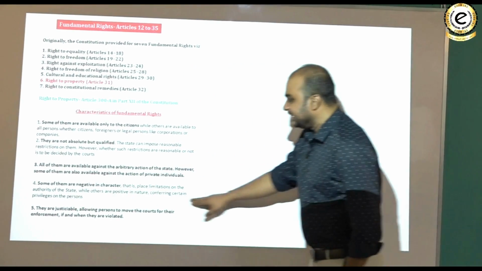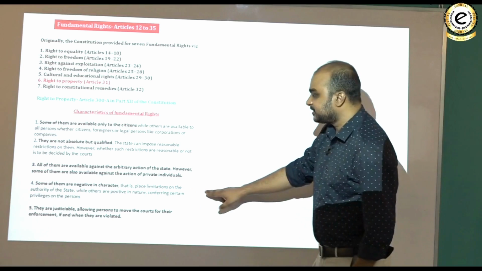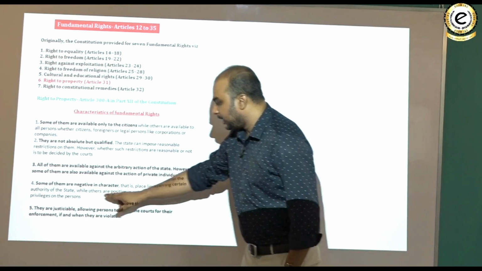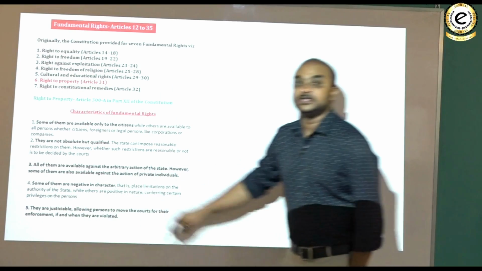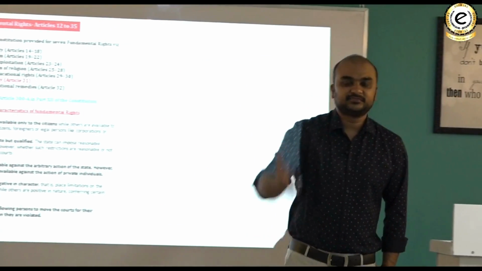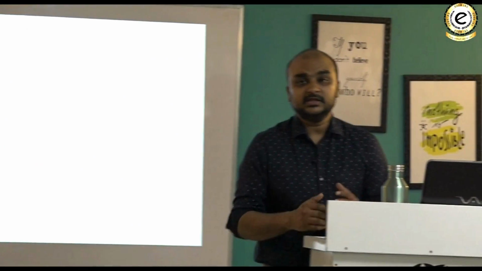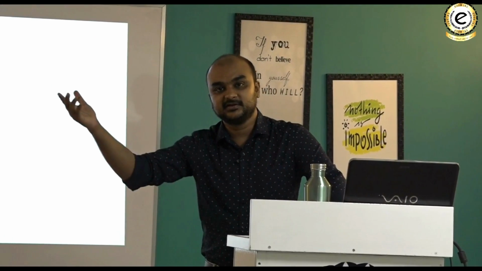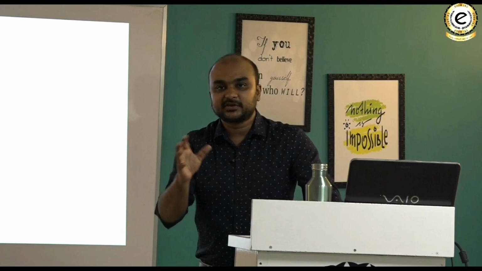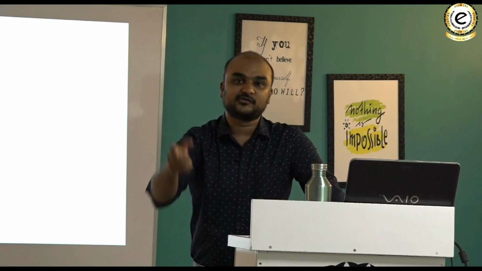Some of them are negative in character, that is, they place limitations on the authority of the state, while others are positive in nature, conferring certain privileges on the persons. Like, think of this, that Article 21 says that the state shall not deny to any person life and liberty. So you can understand it's a kind of negative connotation.